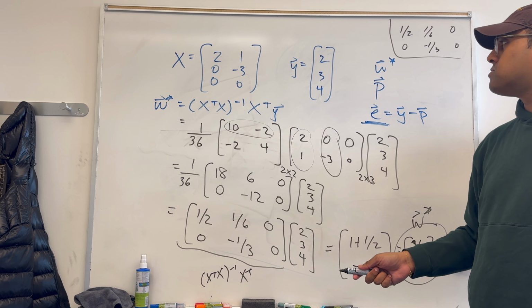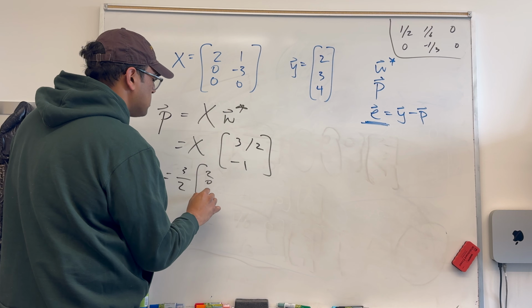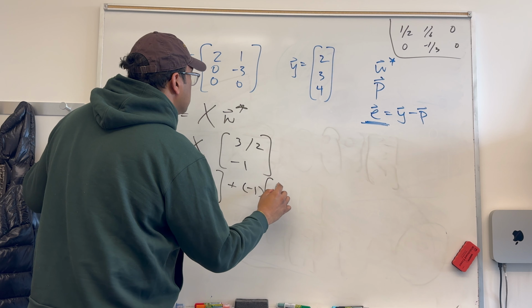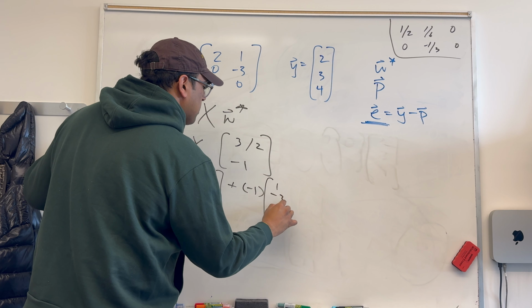3/2 and negative 1. That's not the projection. The projection is X times that, right? So P is X W star, which is X times 3/2 and -1. Which is going to be 3/2 of the first column, so 3/2 of 2, 0, 0, plus -1 of the second column, 1, -3, 0.